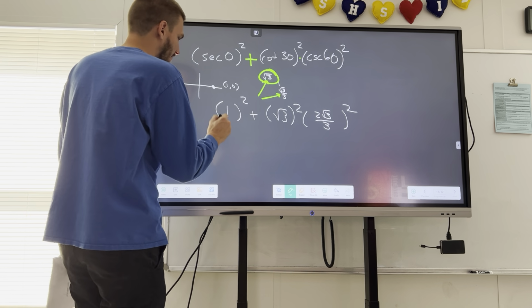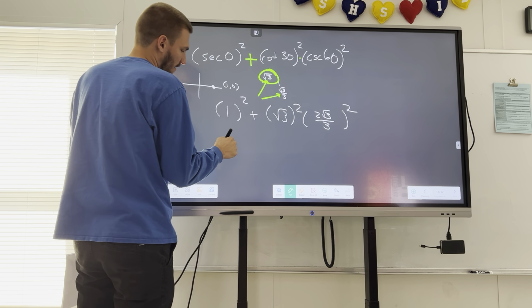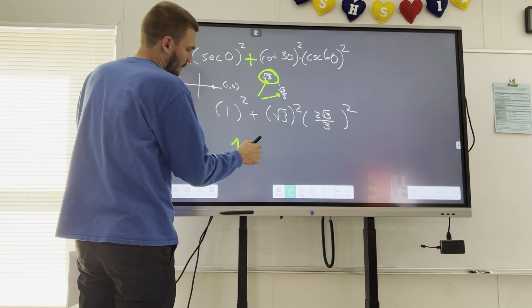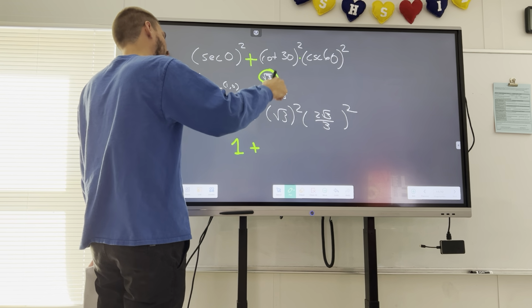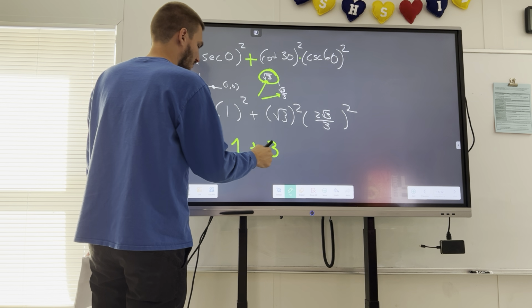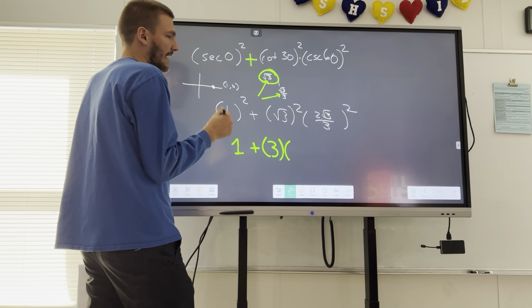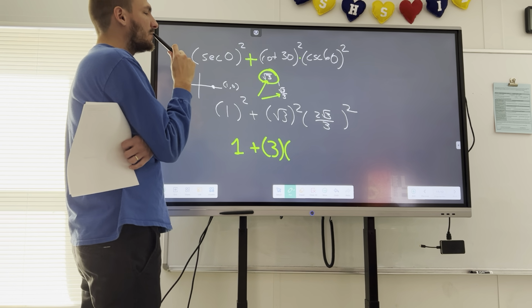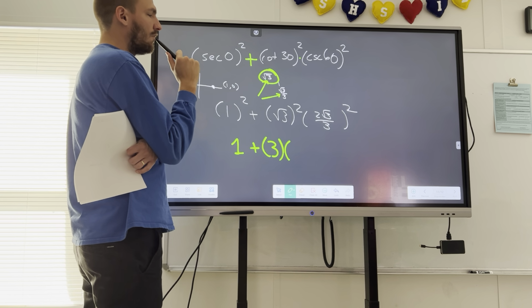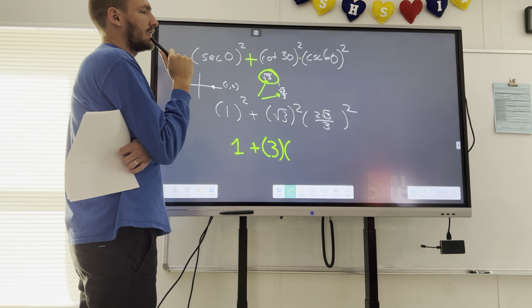Exponents come next, so that's going to be 1 squared, 1, plus square root of 3 squared, 3. Multiply that by 2 square root 3 over 3 squared.